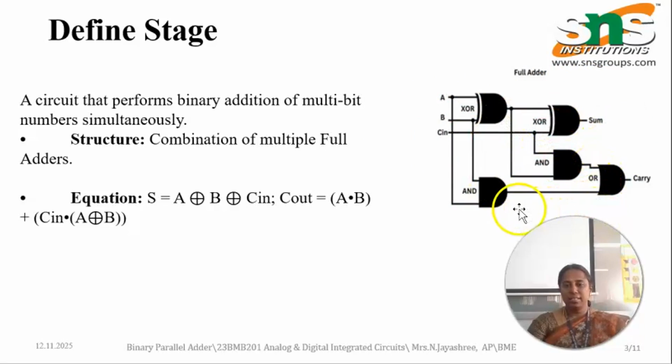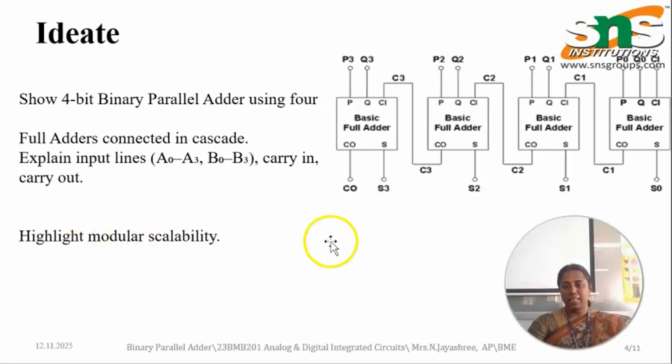This is the single structure of these multiple circuits. The equation is: sum represents A XOR B XOR C, whereas carry represents A into B plus C into (A XOR B).